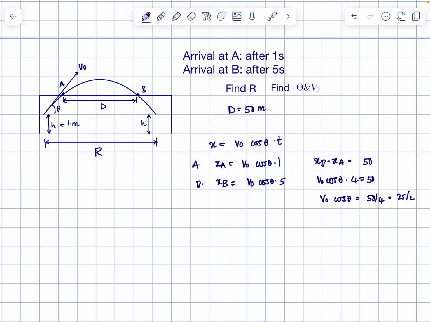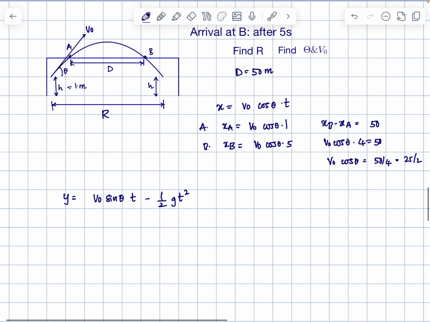Now, what else can we compute? We know that y at A equals y at B. So y equals v0 sine theta t minus half g t squared.